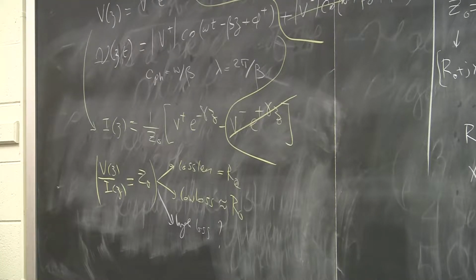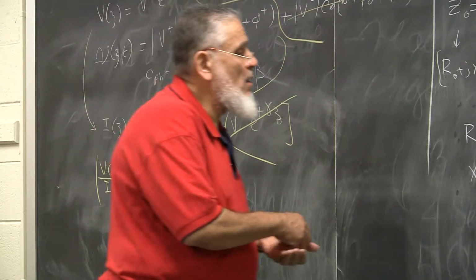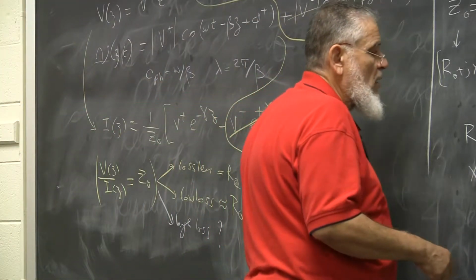We'll learn later that this Z naught is what we call the characteristic impedance, and it's a characteristic number for the transmission line. Okay? It's a descriptive number. It's not really, again, a resistance by any means. It's a descriptive number that gives us a feel of how the transmission line voltage wave and current wave behave.